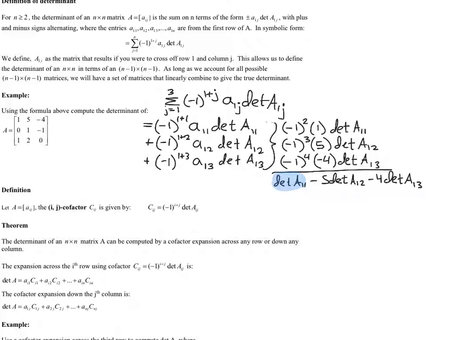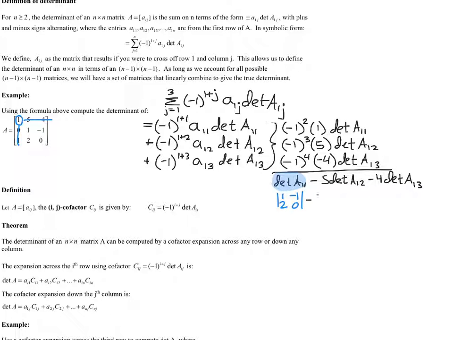Here's a sub 1, 1. Here's my 1. I'm going to eliminate the first row and the first column. When I do that, I have a 2 by 2 square matrix. The dimensions of your resulting matrix should always be 1 less than the dimensions of the one that you started with. So this is going to give me a 1, -1, 2, 0.